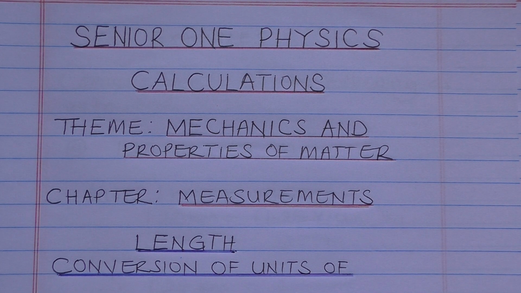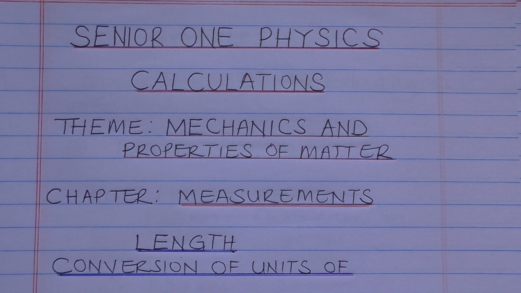Even volume itself is obtained by multiplying the dimensions, so volume is gotten from length. We come to area. Area comes from length. So such quantities that we obtain from other fundamental quantities are derived quantities.